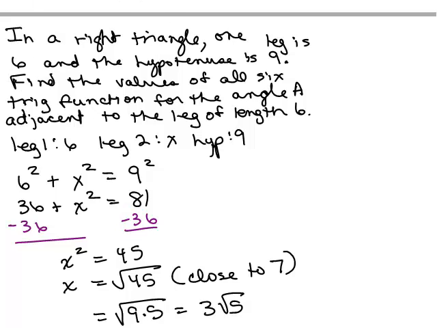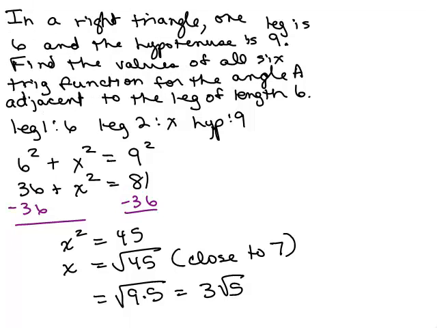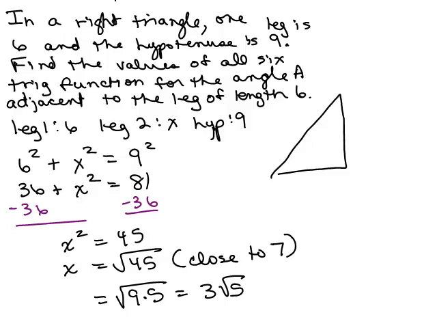So knowing this, I could draw a picture now. So I draw a picture here. I've got, let's say this is 6, and this is a little bit bigger than 6. And if this is 6, this is 3 square roots of 5, right? And the hypotenuse of 9.